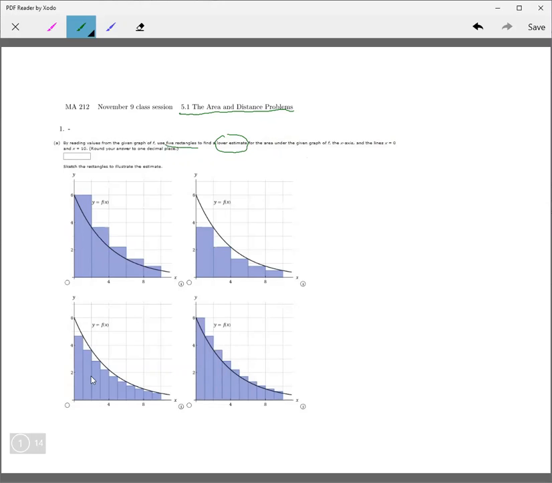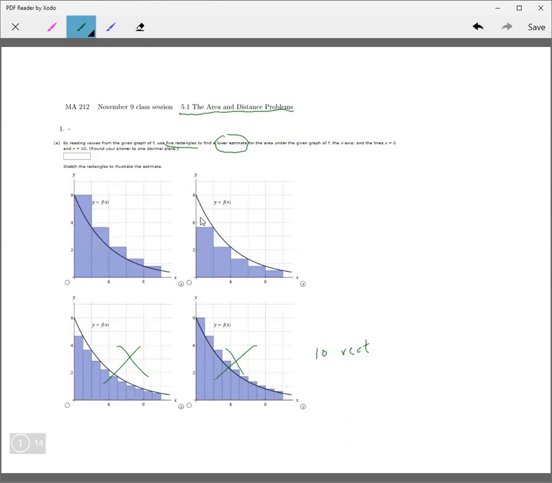These both have more than 5 rectangles. They've got 10 rectangles, so you can just count those out. And then for the other one, the lower estimate: if you find the area of these rectangles, they're going to be more than the area under the curve.